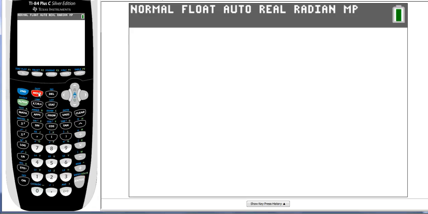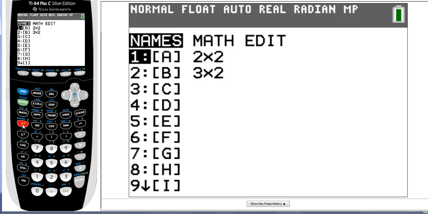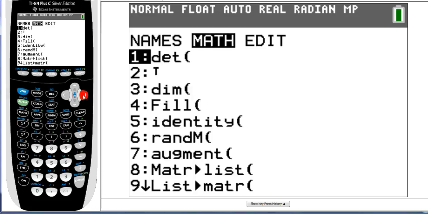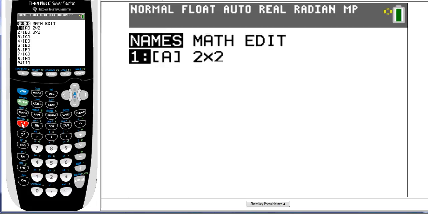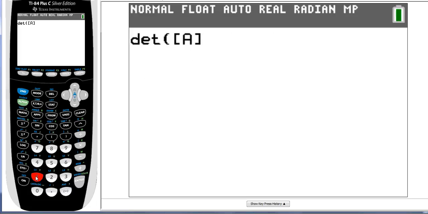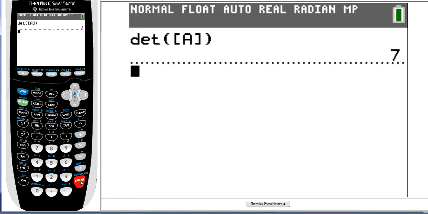To find the determinant, I want to go second matrix. If you go over to math, it gives you some options. One of them is determinant, which is number 1. So I'm telling my calculator I want to find the determinant of matrix A. So pull up matrix A for your calculator. And we already know that the determinant is 7.